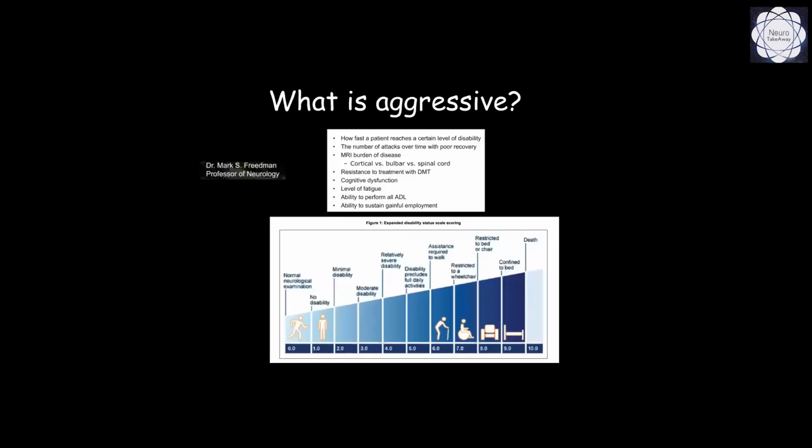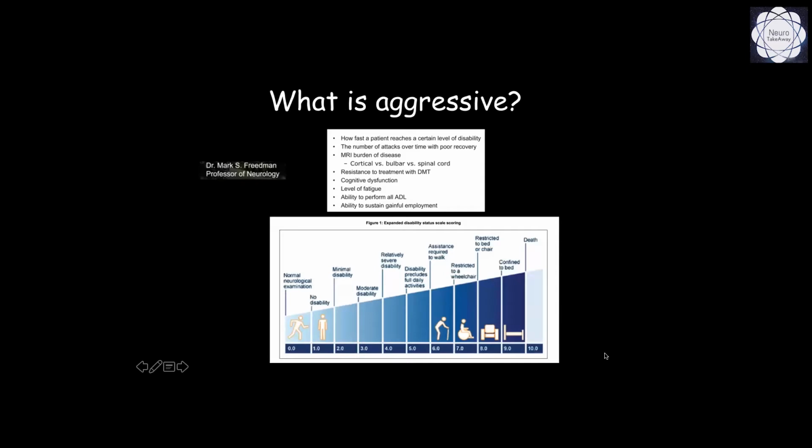Okay, but what is aggressive? What do we mean by aggressive? It's a complex concept that has to do with many things. Here we have a classification, a score that is very useful in MS patients, based especially on motor abilities, that goes from 0 to 10.